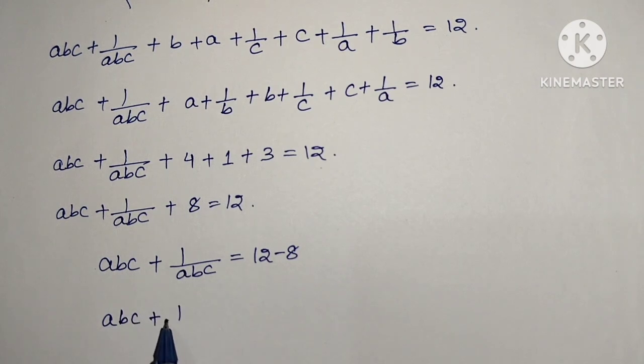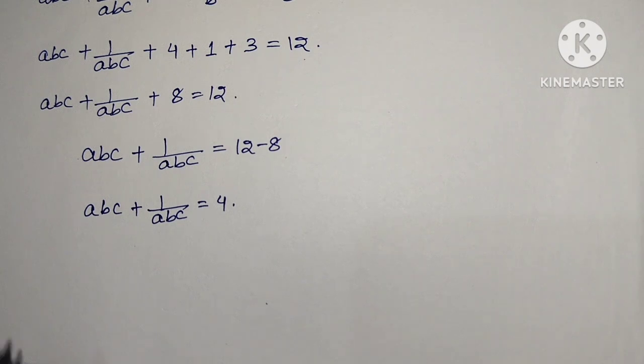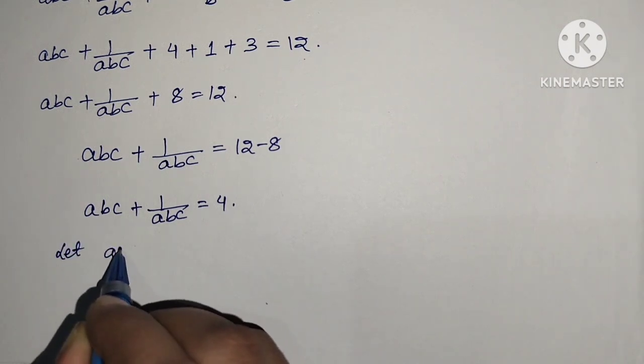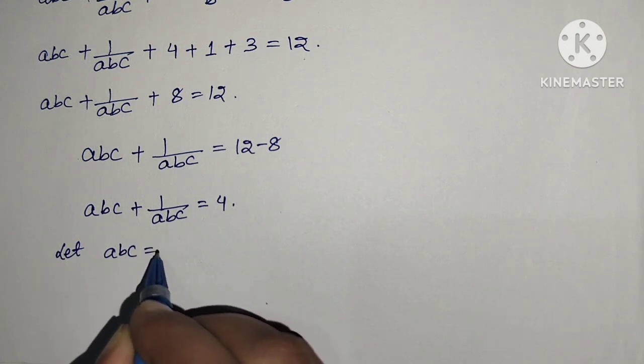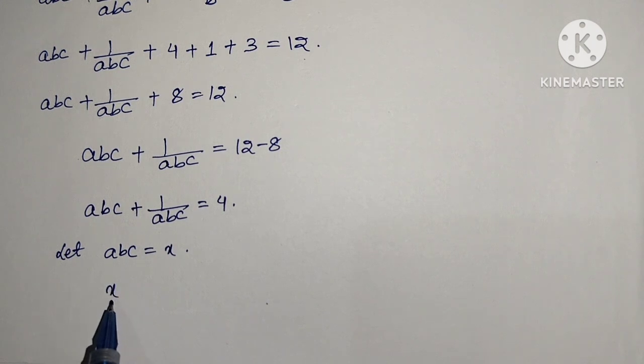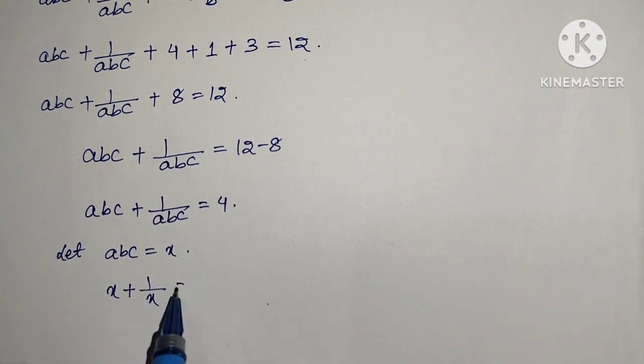ABC plus 1 by ABC is equal to what? 4. Let ABC is equal to x. We apply here. Then x plus 1 by x is equal to 4.